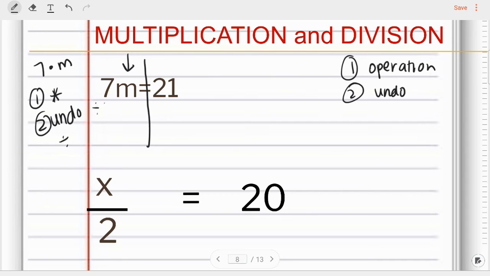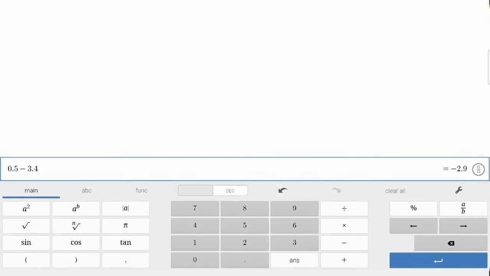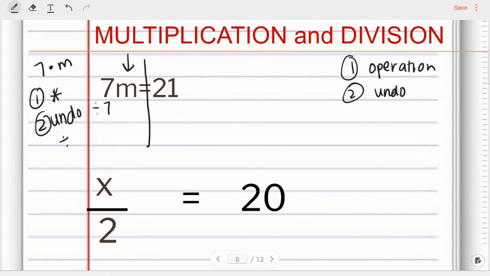Now, I'm not going to write the little division sign. Okay, now that we're in junior high, instead of this division symbol, we're going to use the fraction bar as division. So we're going to do divided by 7. And remember, we're going to balance it out. On one side, we've got to do the same thing on the other. 7 divided by 7 is, now this doesn't zero out, this 1's out.